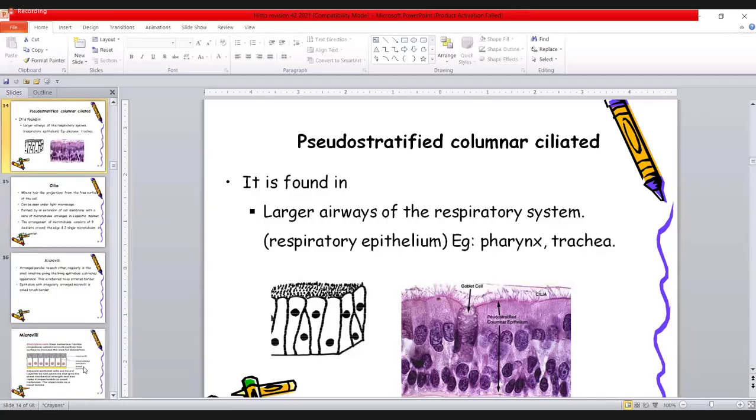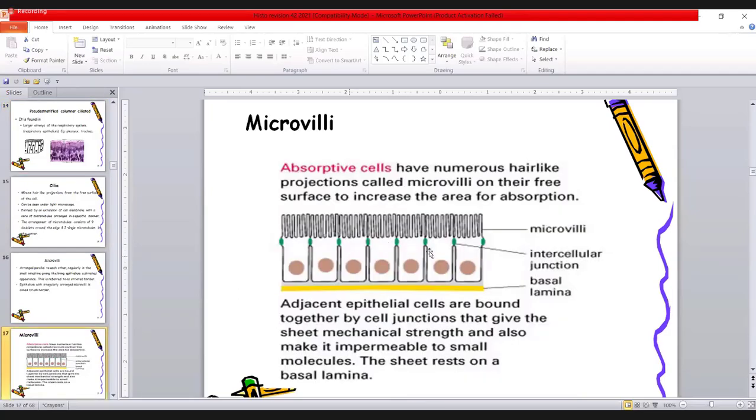And where do you see this brush border? In the small intestines, yes. Surface projections. If you want to add a couple more details, there are tight intercellular junctions between the cells there, and cytoplasmic extensions give strength to the cell.